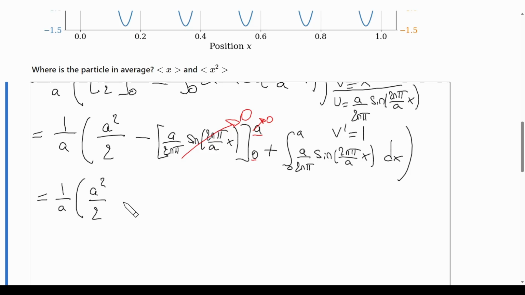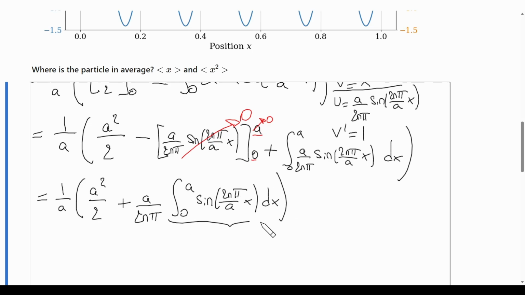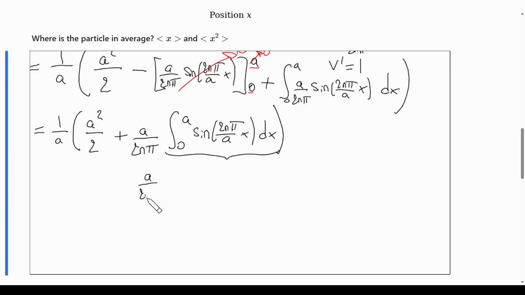Now we have the other term, which is a over 2 n π, the integral from 0 to a of sine(2 n π over a x) dx. But this is simply a over 2 n π of a over 2 n π of, what?